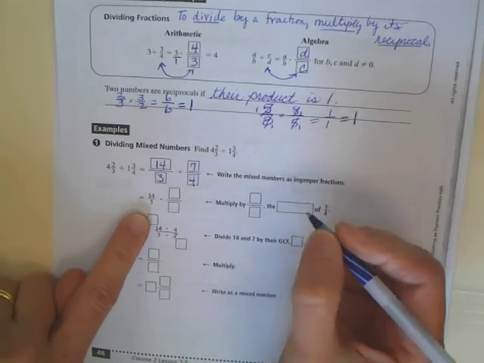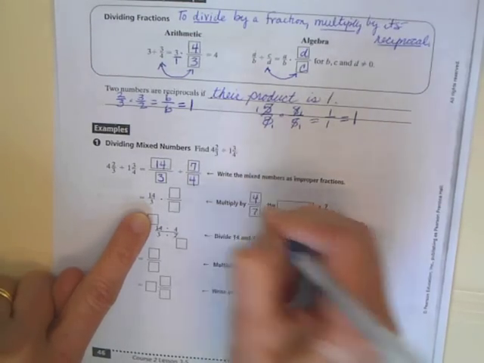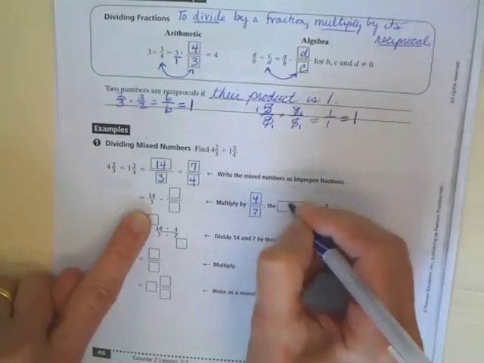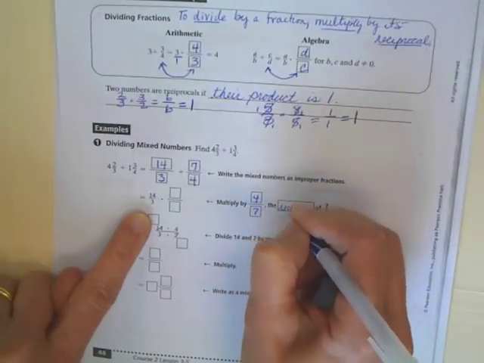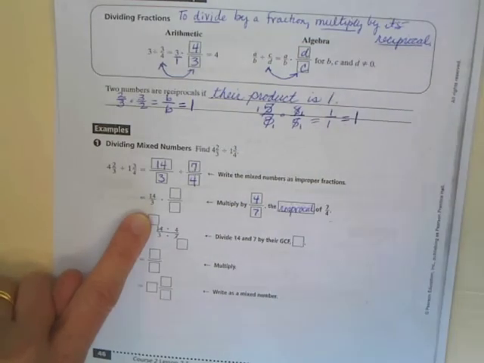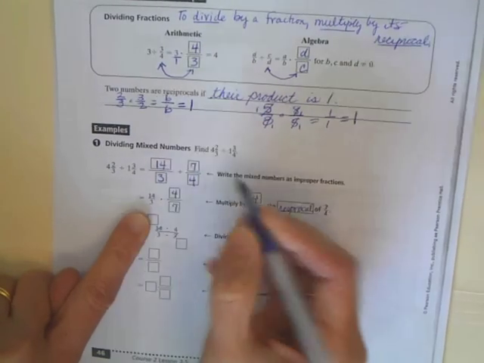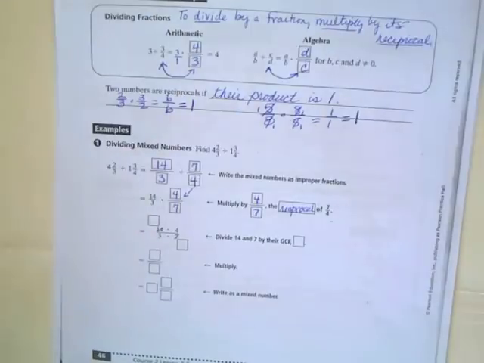We're going to multiply by 4/7, which is the reciprocal of 7/4. So again, I'm flipping that second fraction, or taking the reciprocal of the second fraction, never the first fraction.